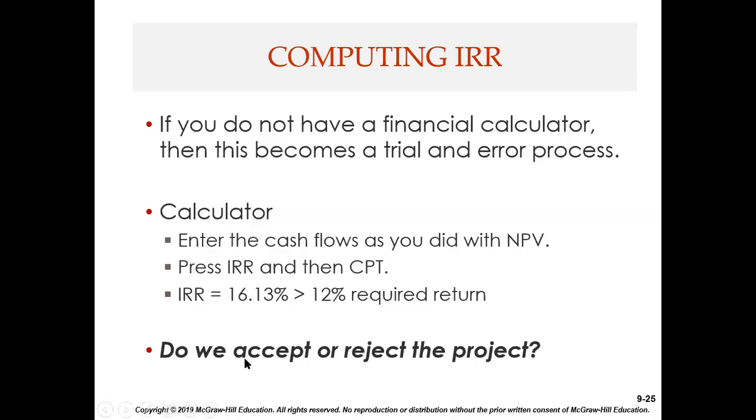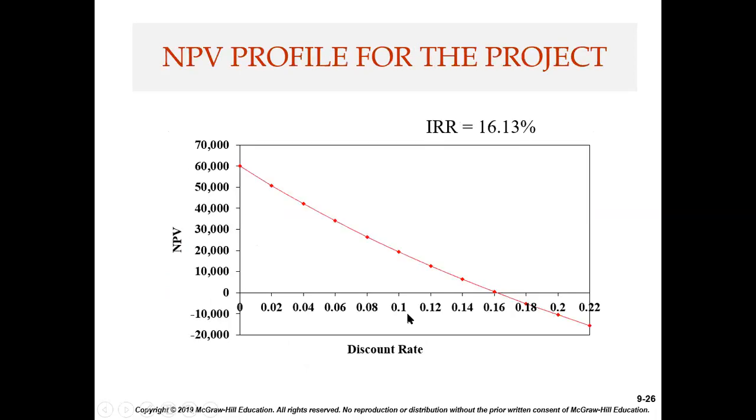So we would accept this project because it is a higher internal rate of return than what is required. So you can see that the net present value for this project is positive 60,000, okay, when you're using a discount rate of 0. That's your discount rate here. As your discount rate increases, the net present value decreases.